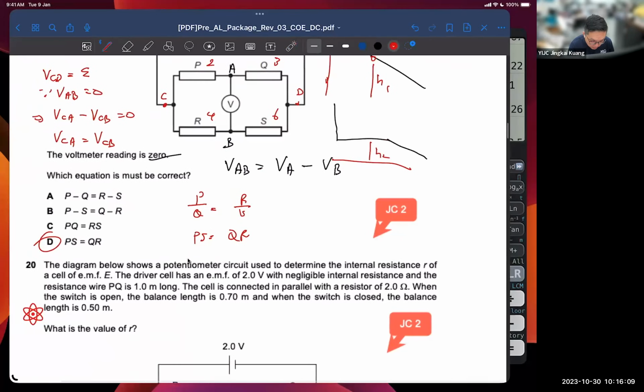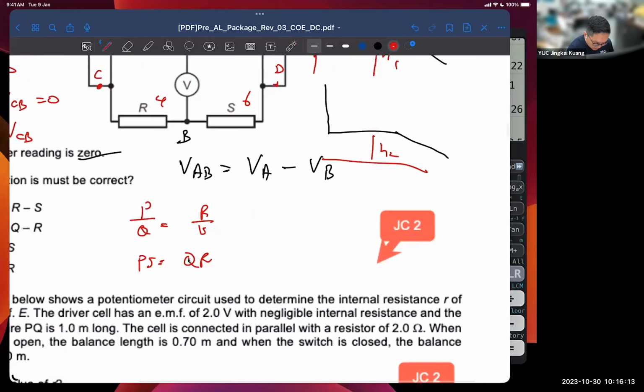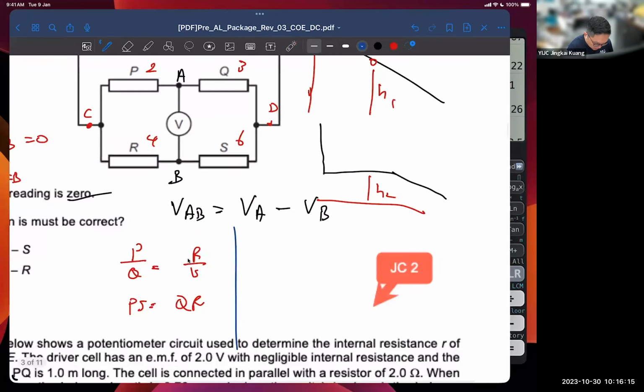Tobias is asking, so Tobias, if I write it this way, P over P plus Q times EMF is equal to R over R plus S times EMF, is this okay for you? Do you understand why it's equal? Yes, okay. So how do we solve from here? This is the problem now.